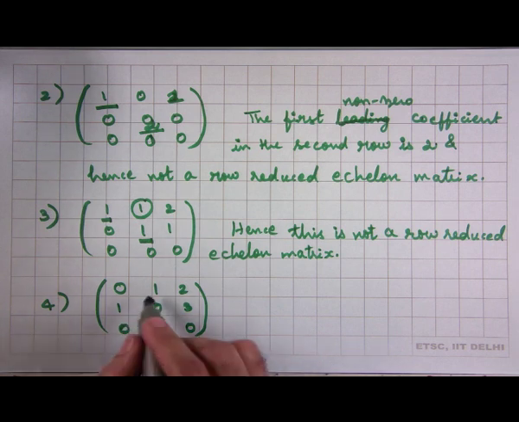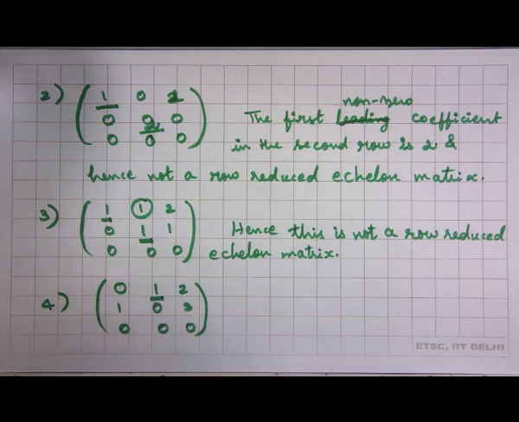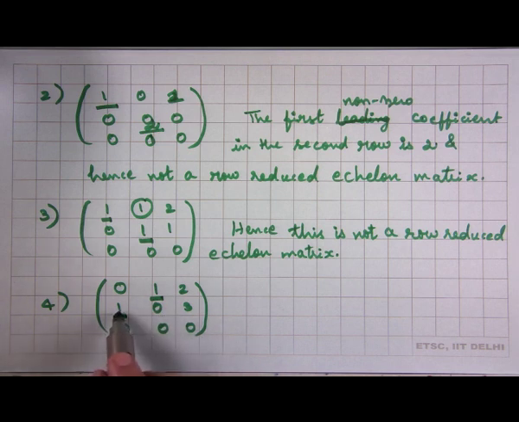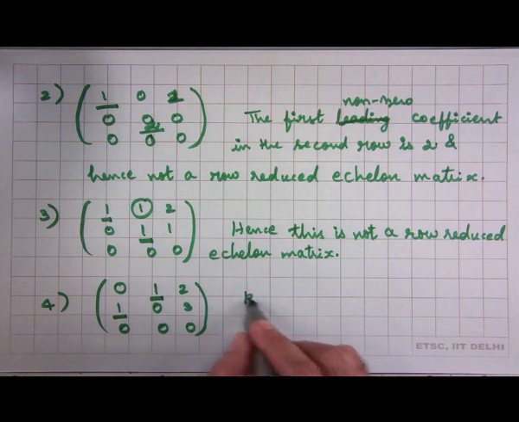The first leading coefficient is here in the first row and the first leading coefficient is here in the second row, all these are 1, and wherever you have the leading coefficient the other entries in that column are 0. You have 1 in the first row second column and the other entries in that column are 0, and the first entry in the second row is 1, right, and the other entries are 0. So, you have two non-zero rows.